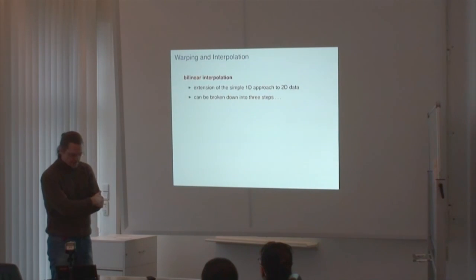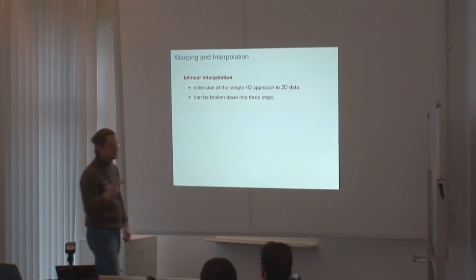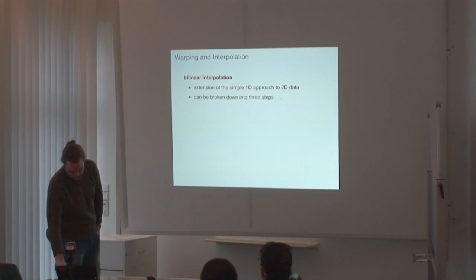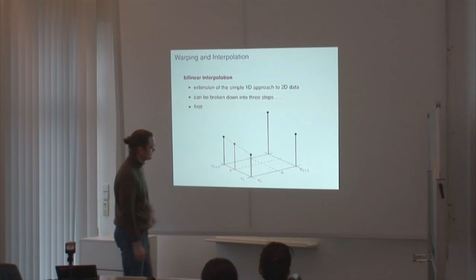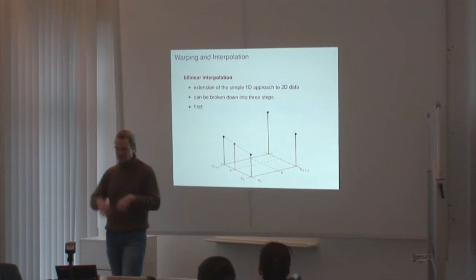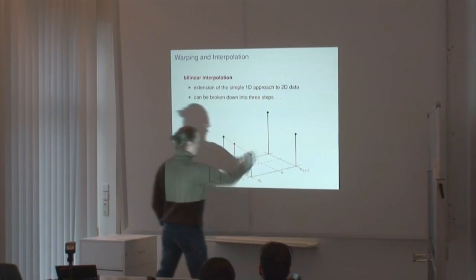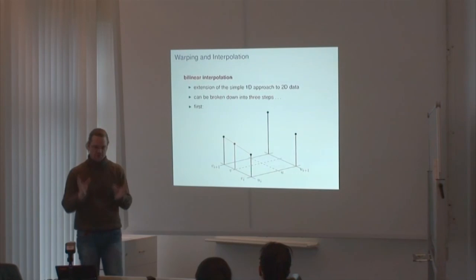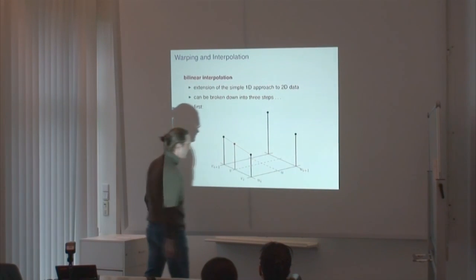And we can see this by breaking it down into 3 steps. Here is the first one. We are given 2 coordinates u and v that are situated in between the discrete grid or lattice coordinates of the function we are talking about. We want to compute a function value here.